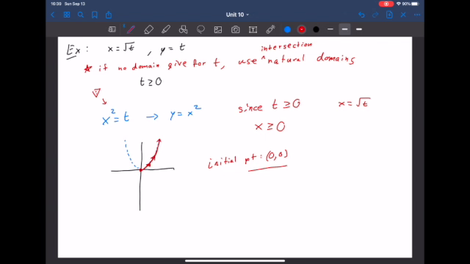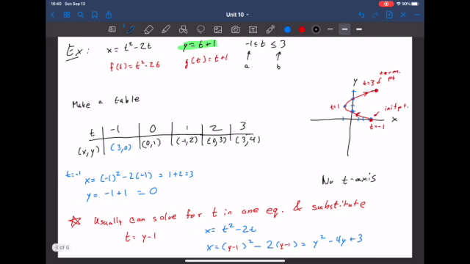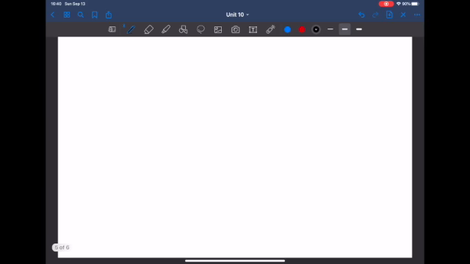If you weren't sure about the orientation, you could test points and solve it that way. Okay, so there's 2 examples. Careful with your domains. That's 2 examples of equations where the strategy will be to solve for t and then substitute, okay? What if that doesn't work out so well?